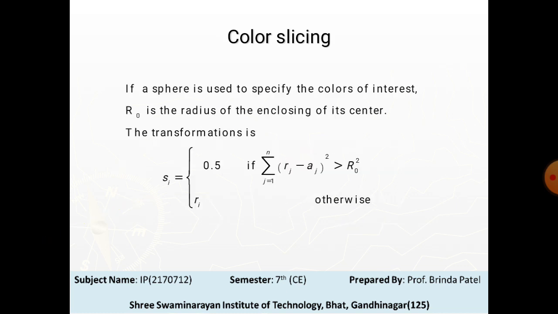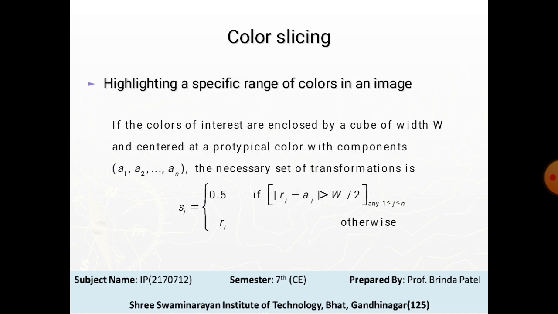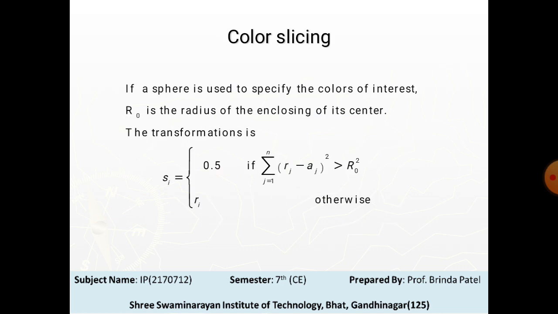If a sphere is used to specify the colors of interest, this equation becomes s_i equal to 0.5 if the sum over j equal to 1 up to n of (r_j minus a_j) squared is less than r0 squared, otherwise it is r_i, where i is equal to 1 up to n.